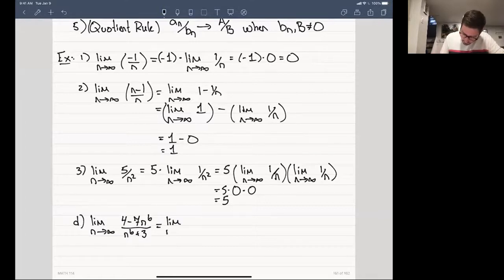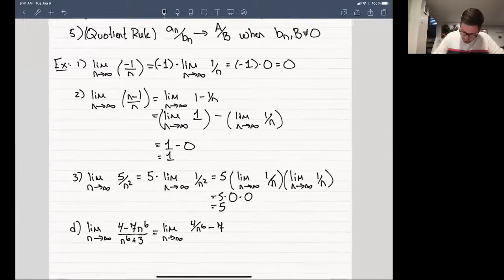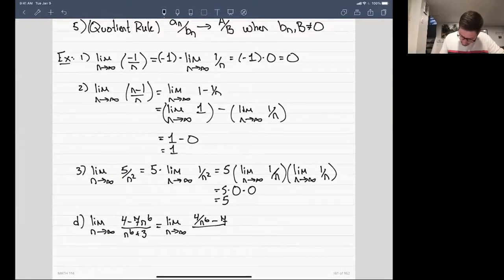We factor out the highest power of n in both cases. So in this case, this will leave me with 4 over n to the 6 minus 7, divided by 1 plus 3 over n to the 6. So I factor an n to the 6 out of every single term here. And now I can just compute the limit of each one of these terms individually and then put them all back together using all of the rules.